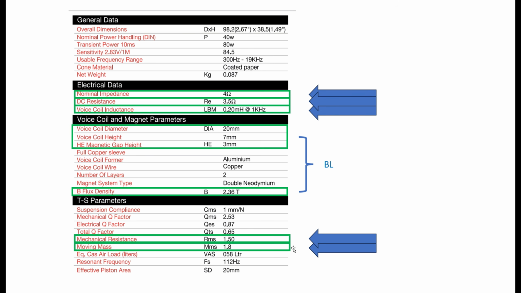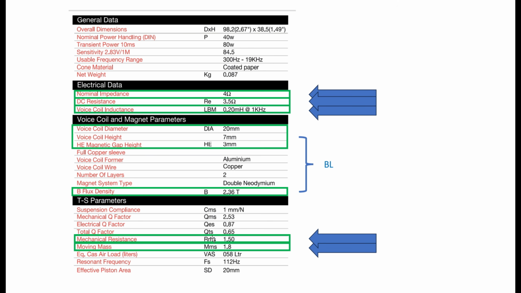But then there are the mechanical parts. When we looked at that formula earlier, that includes the moving mass and the mechanical resistance, these two values down here. I'm not going to go into a lot of those details now; I'll talk about that a little later in the tutorial. But the moving mass is basically all the parts of the speaker that move: the cone, the voice coil, the suspension, all of that stuff, and that's MMS.